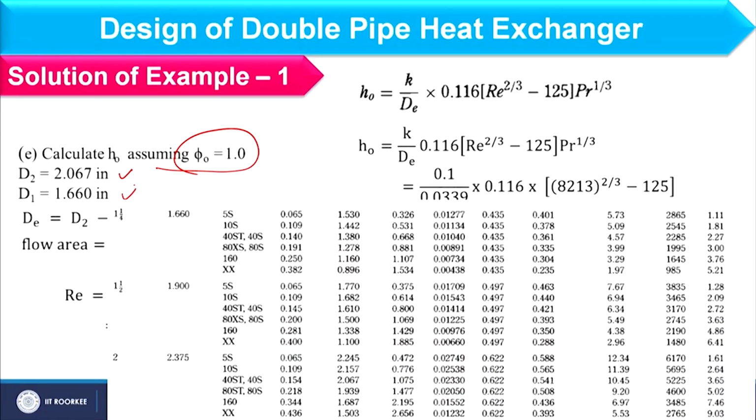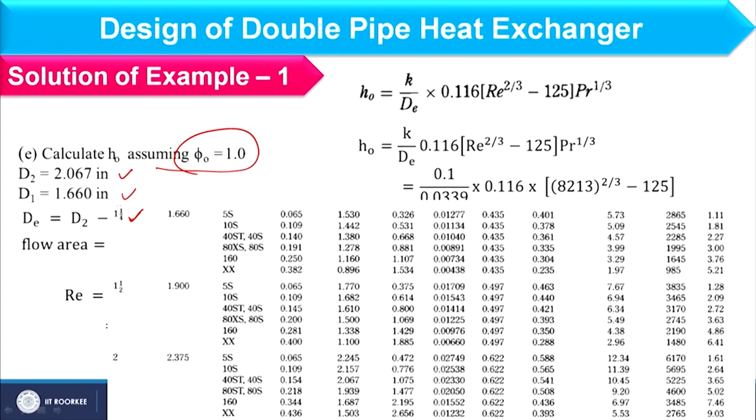So, let us collect that values from the table B2. So, again I am considering this table B2, the part of table B2. So, if you see we have 1.25, okay, and what I have told you that di corresponds to the outer diameter of inner pipe.